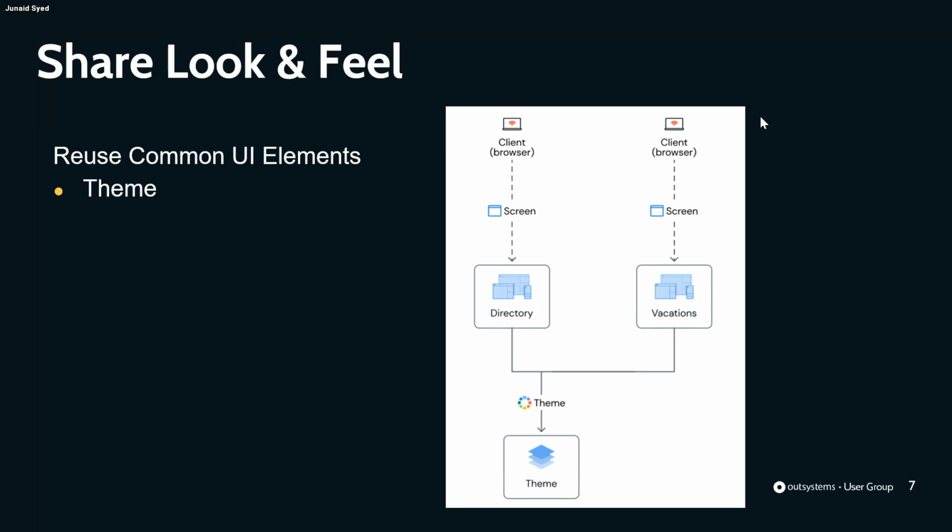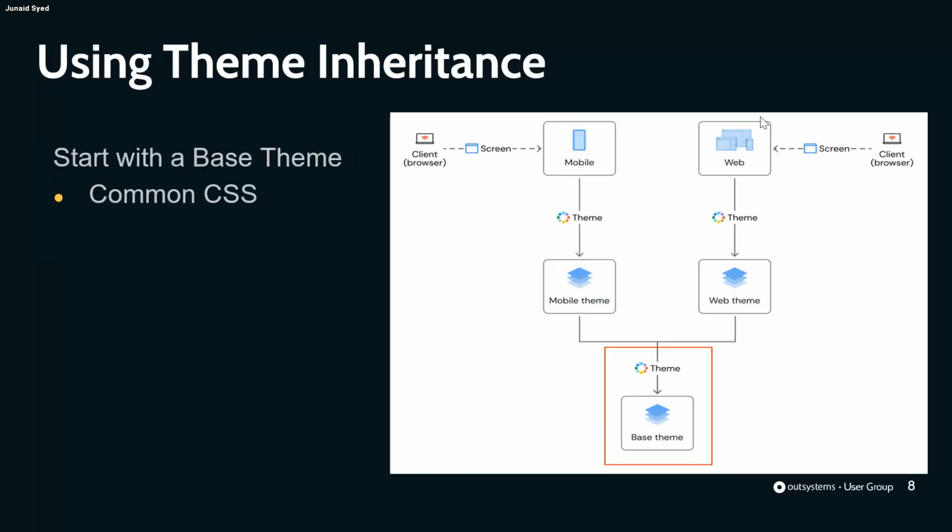And theme is a library. Both directory and vacation applications are taking a reference from the same theme, so they both would have the same look and feel. They can apply certain customizations within the application itself, but more or less it will be a common look and feel because they are using the same theme.